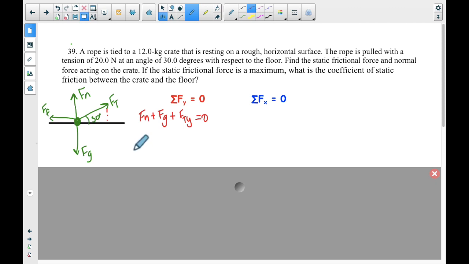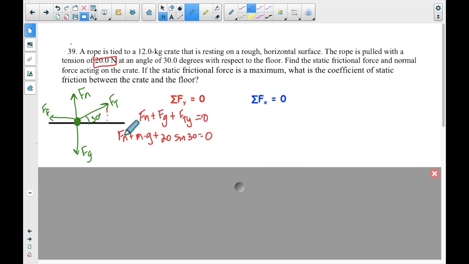The normal force in this case is what we're looking for, so we're going to leave that as the normal force. We don't know what that is. Gravity, of course, is mass times gravity, and the force of tension in the y direction is opposite, so it's going to be sine. The tension was 20 newtons, so this is going to be 20 times the sine of 30, and we're going to add those up to be equal to 0.